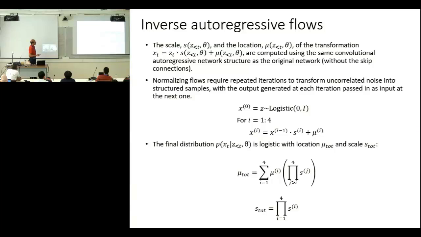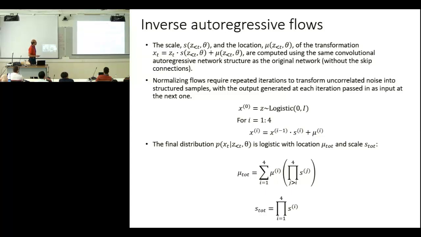In the Parallel WaveNet paper, they say that we compute that without skip connections. However, in theory, even if we add the skip connections, the Jacobian remains lower triangular. So you may even use the skip connections. There is nothing wrong with that.